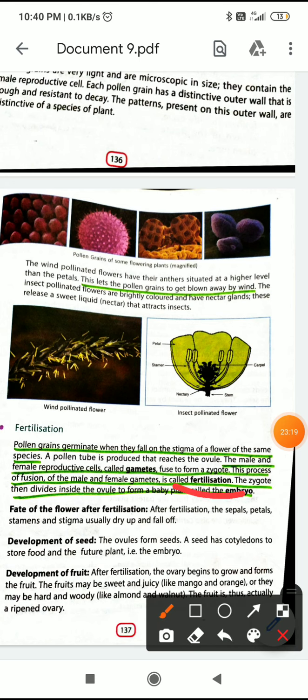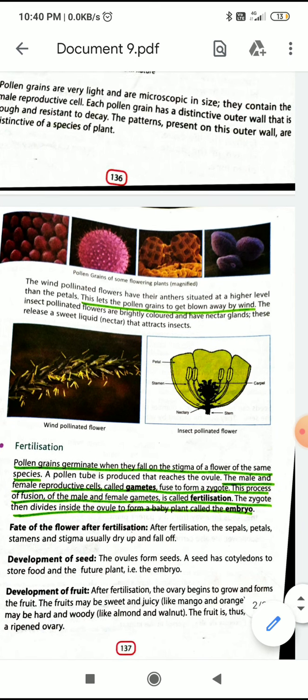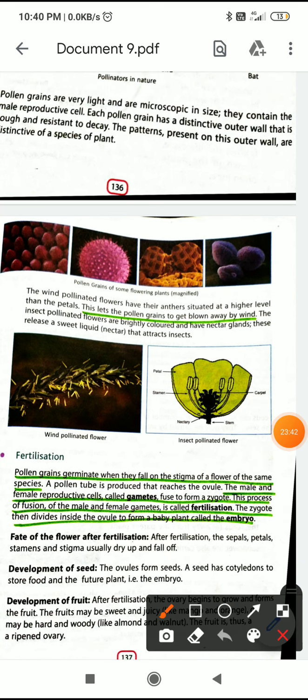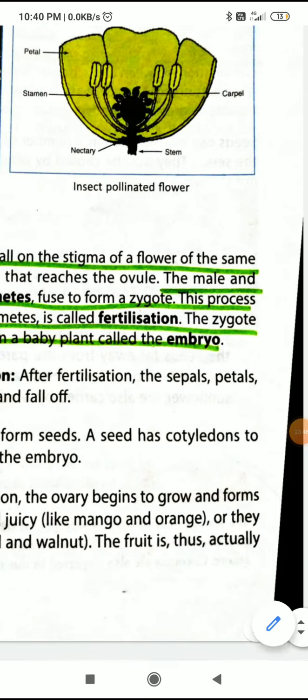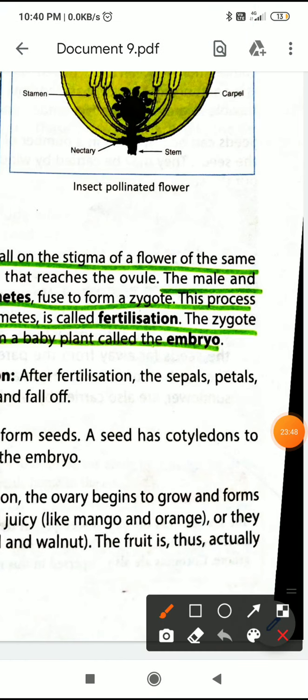Listen again, all of you. Fertilization is the process in which the male gamete and female gamete fuse inside the ovary and form a zygote. Look here, this is the zygote.